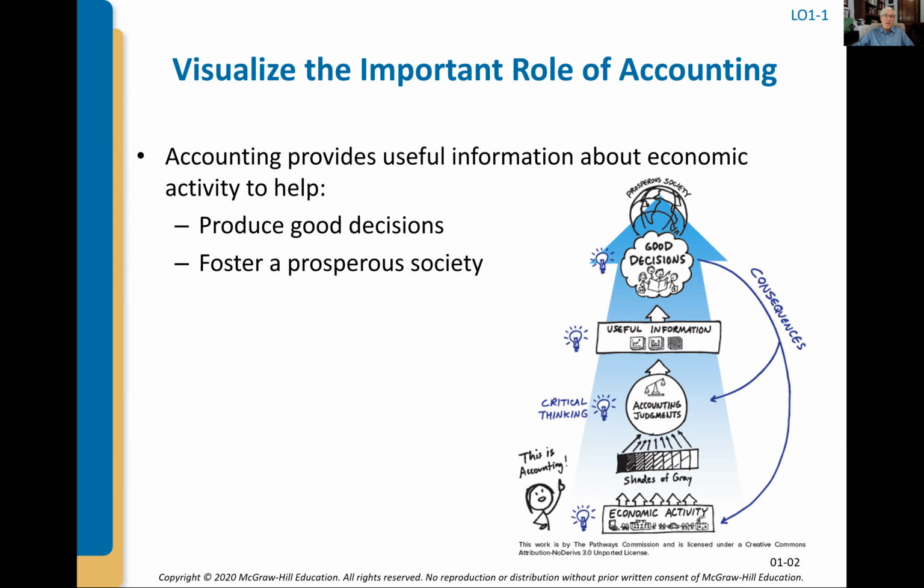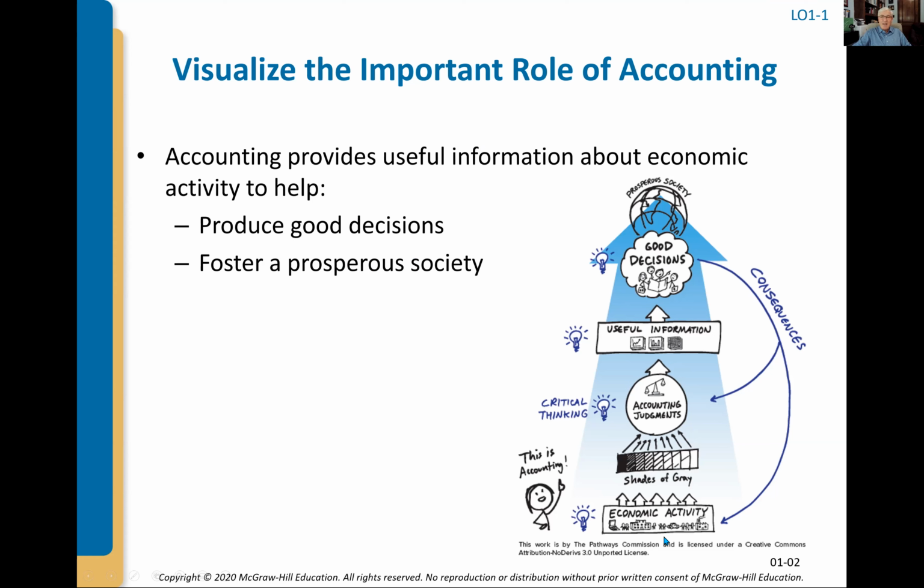So why? Accounting has got to provide useful information that will help people make decisions. And as I was talking about the United States, that was a really good segue into this slide: foster a prosperous society. That sounds kind of corny, if you will, but it is an important attribute for us.